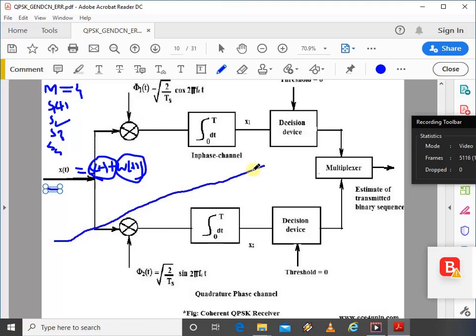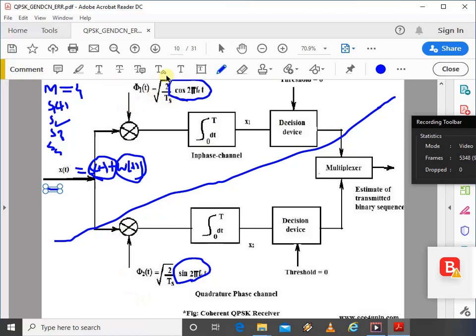Basically the QPSK receiver is a combination of two BPSK receivers. In the upper arm we have an in-phase channel and in the lower arm we have a quadrature-phase channel. It is because here we are using cos as the basis function and here we are using sine as the basis function.